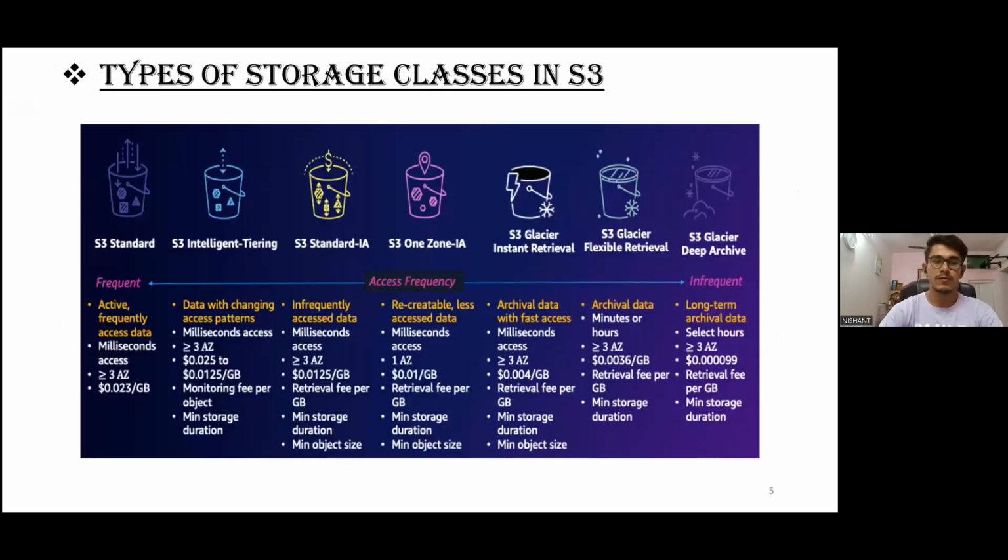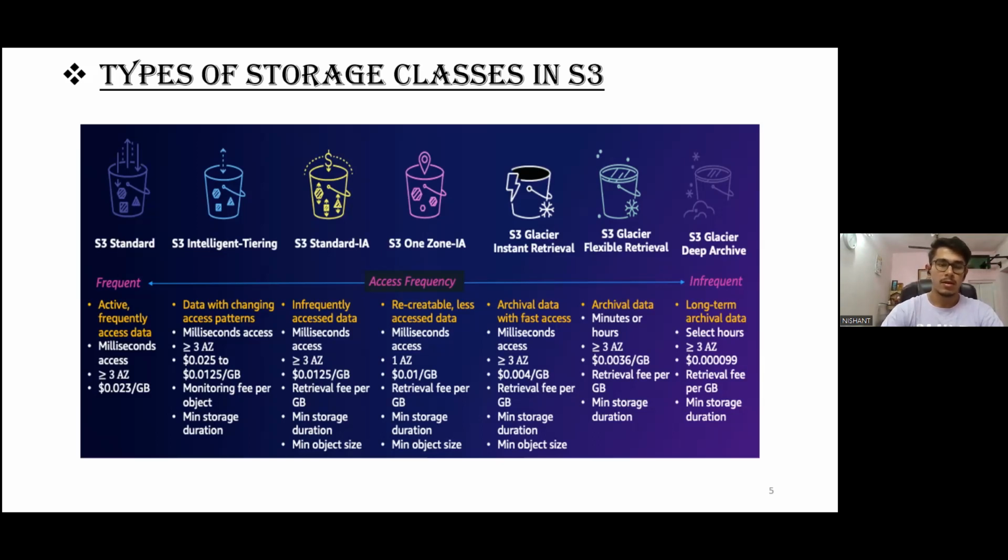So the types of storage classes in S3. S3 offers various storage classes. For example, in the free tier, we have S3 Standard, and moving on, we have S3 Intelligent-Tiering, S3 Standard-IA, and S3 One Zone-IA, and Glacier Instant Retrieval, Glacier Flexible Retrieval, and Glacier Deep Archive.